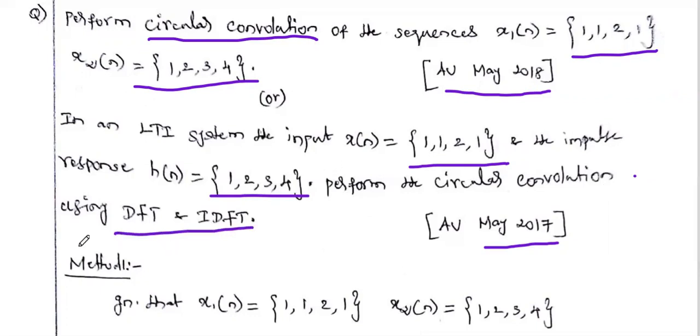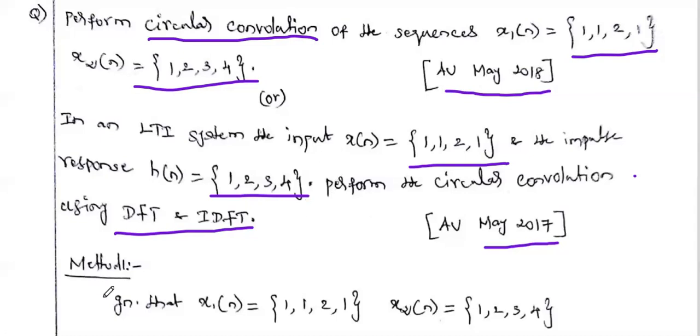So in this problem they are mentioning the method. We have to perform circular convolution, but we have to obtain the answer using the discrete Fourier transform and inverse discrete Fourier transform. So for the second question, compulsorily we have to use DFT and IDFT only. So we will see the two methods.